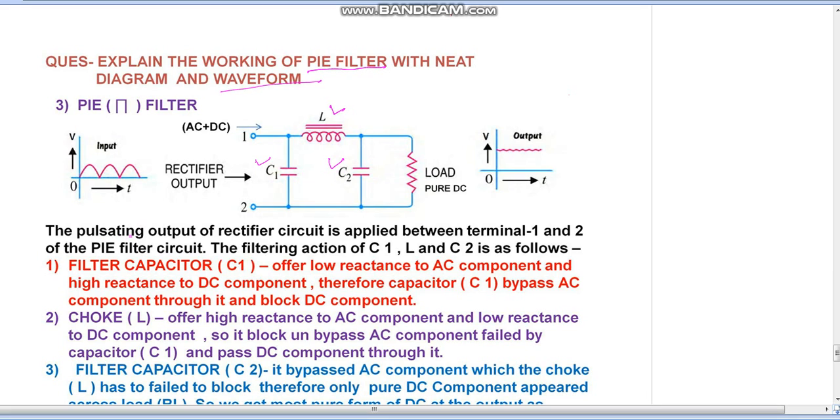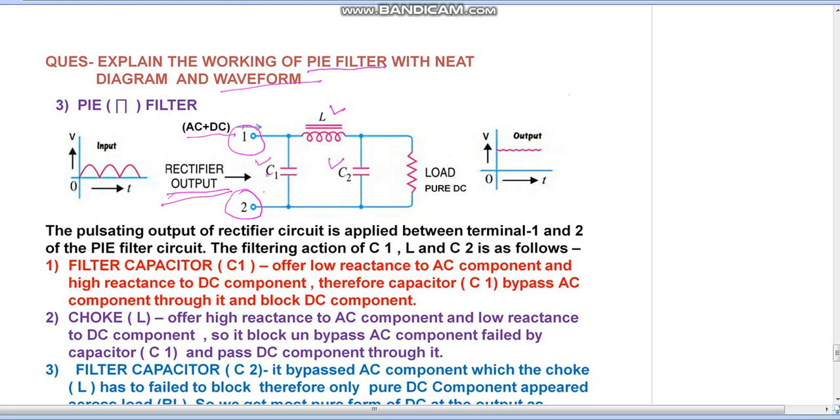The pulsating output of a rectifier circuit, which is the input for the pi filter circuit, is applied between terminal 1 and 2 and contains AC plus DC component.